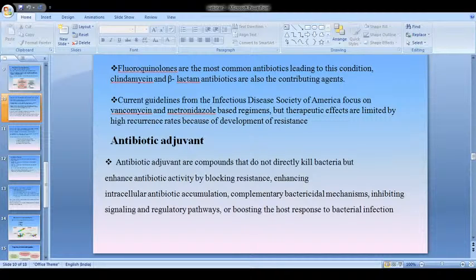Then the next one is the antibiotic adjuvant. The antibiotic adjuvants are compounds that do not have direct antimicrobial action, but they seek to remedy the deficiency in the existing antimicrobials for the development of resistance, and they provide complementary bactericidal mechanisms, and they inhibit the signaling and regulatory pathways or boost the host response to the bacterial infection.